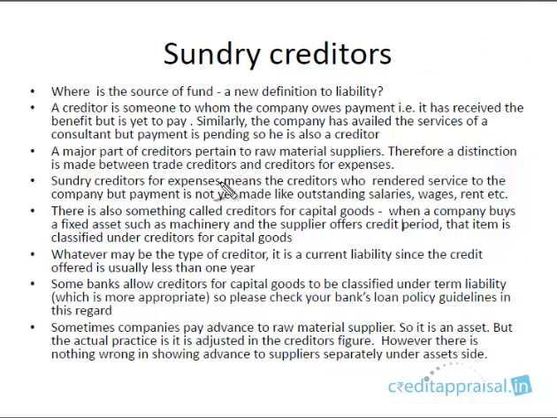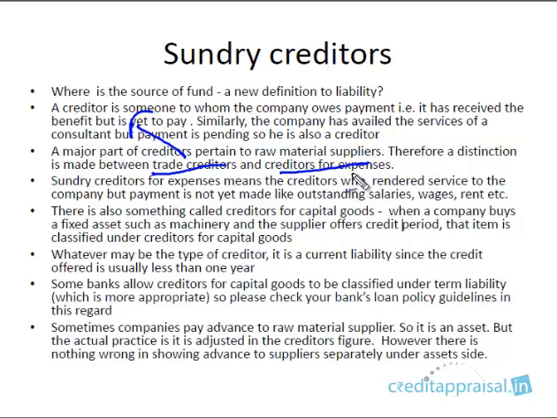Creditors, there will be a small distinction between trade creditors and creditors for expenses, right? Both are creditors, both are people to whom the company owes payment, but these are raw material suppliers. A distinction is made because these are usually a very huge component on the liabilities front. So a distinction is made between creditors of raw material suppliers and normal creditors.